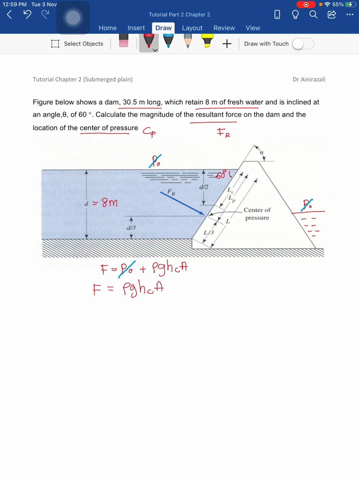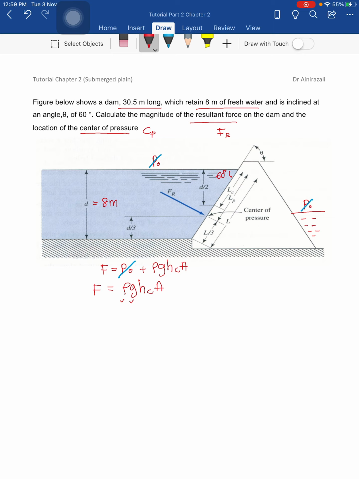Density, we know the value. Gravity also we have the value. H centroid we have to find, and also the area of the object. Now we focus on H centroid.